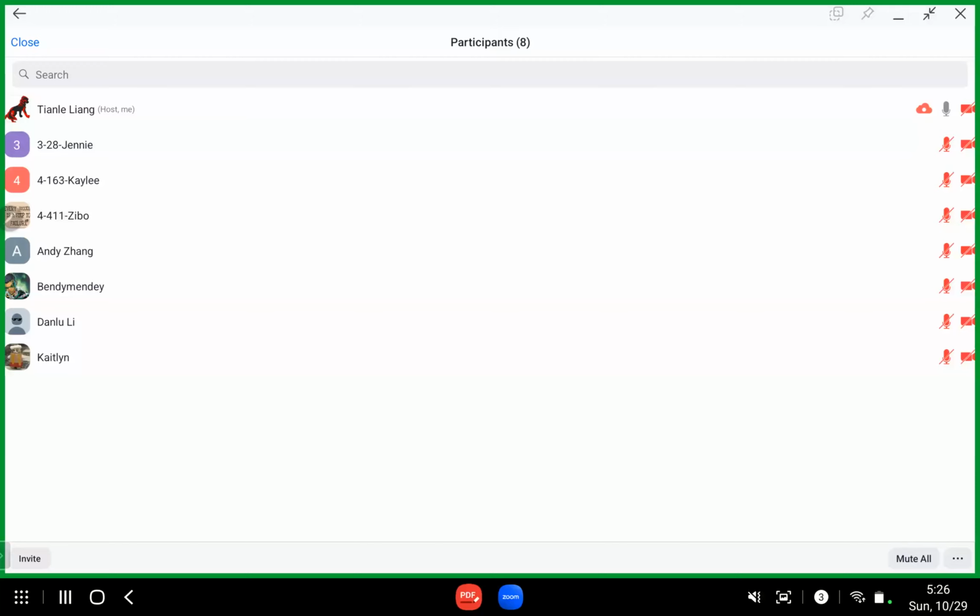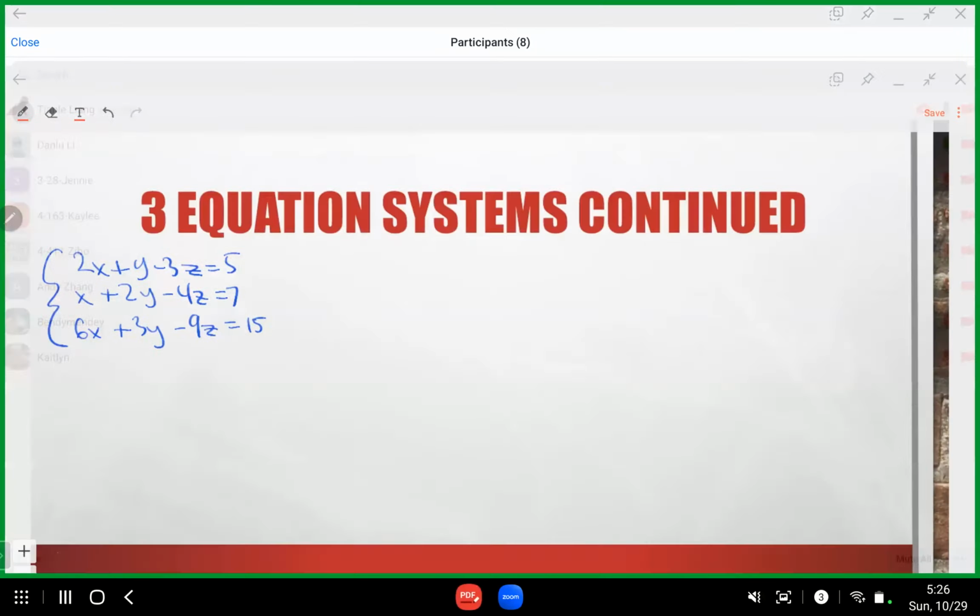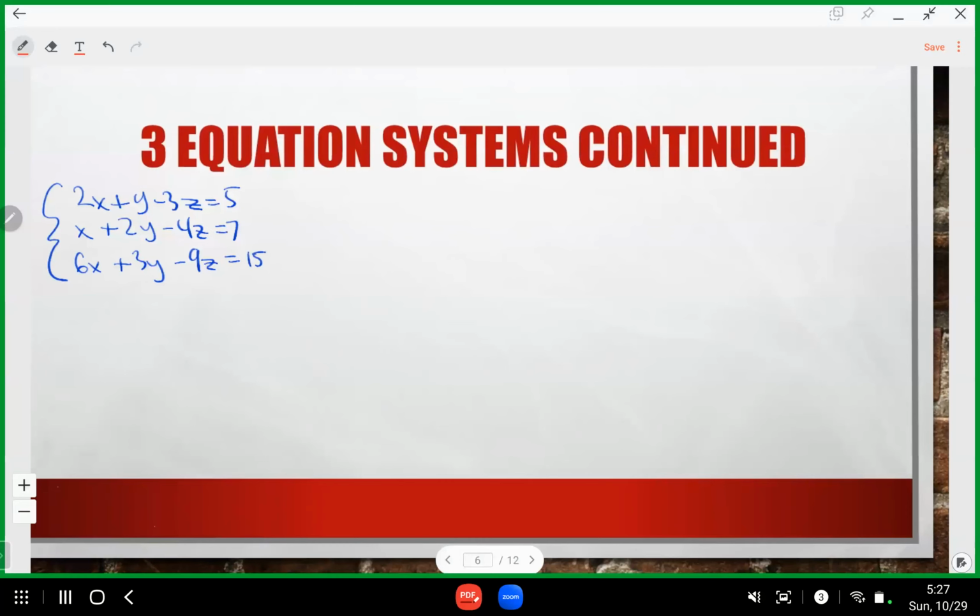Or maybe I call on someone like Dan Lu. Okay. So how do you think we should solve this? You multiply the second equation by 2, so you can cancel out the x's. That's true. So let's pull these two equations out.